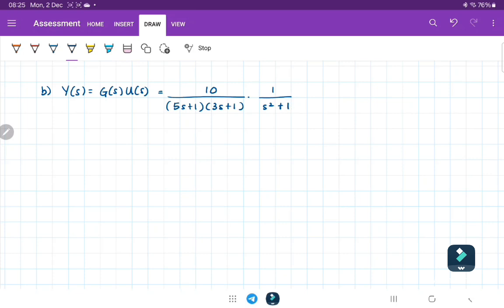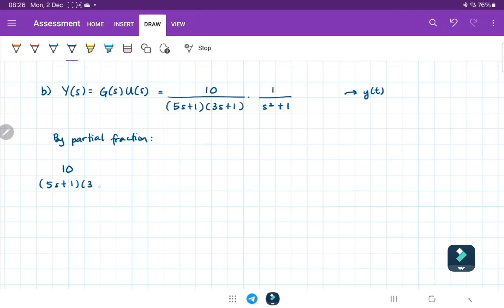Now again, for us to be able to get to y of t, because remember our objective is to get y of t, we need to do a partial fraction. So by partial fraction, we are going to separate that equation into numerators for each root.